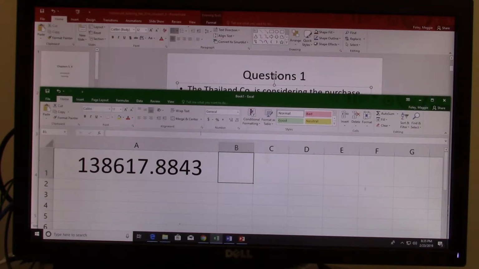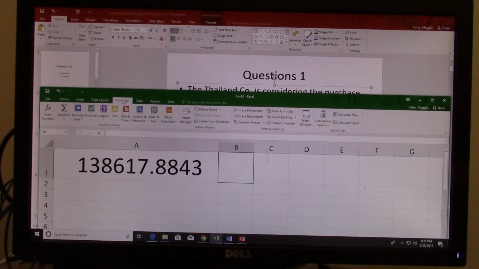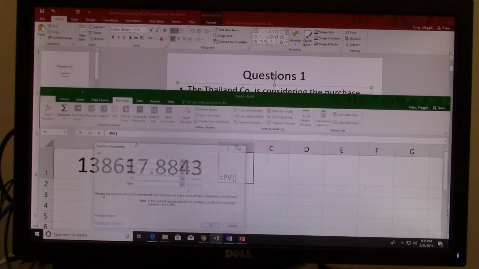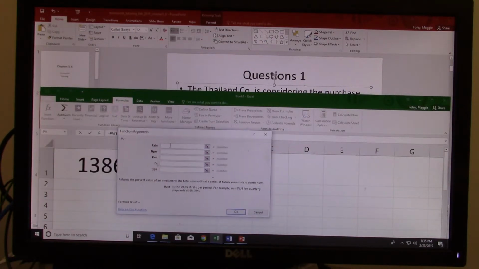you can go to Formulas, go to Financial, and since this is asking for present value, you look for the PV function, and see those are the inputs. So you just type in the numbers for each input: 6.5% divided by 4, and 10 multiplied by 4, we'll put 40 directly.